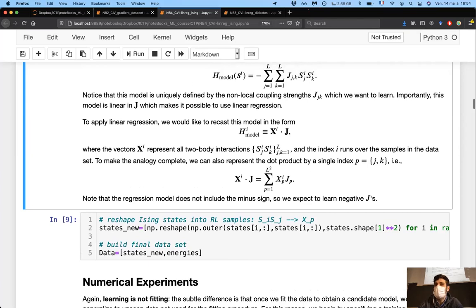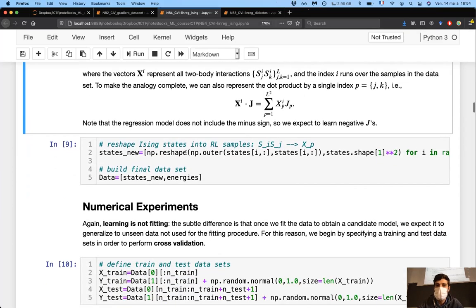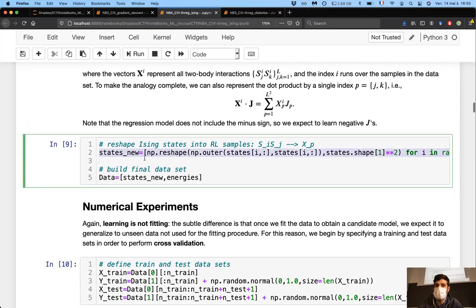So you see that each time I give you a configuration, you can now define this X, and this gives you a sample. Here, I'm just reshaping the original matrix of states, doing the operation that I said.